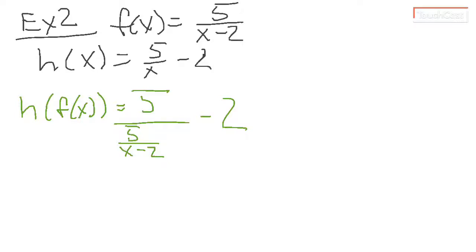Since we don't like dividing by fractions, instead of having this as 5 over x minus 2, we can rewrite this as 5 over 1 times, if you remember the rules for dividing fractions, we leave the first, and 5 is the same as 5 over 1. Change it from division to multiplication, and then flip the second fraction. So we're going to go x minus 2 over 5. And here, the 5's will cancel each other out, and we're going to be left with x minus 2.